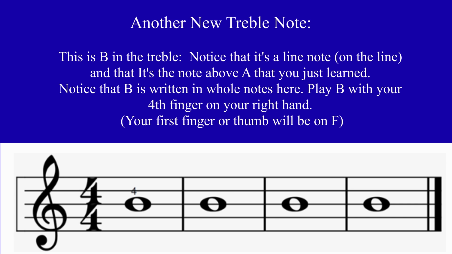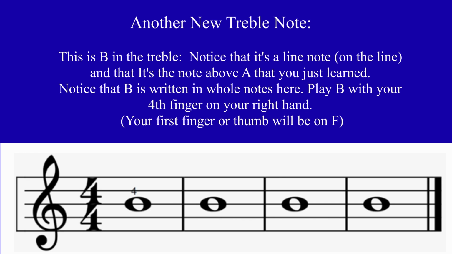Another new treble note. This is B in the treble. Notice that it's a line note, on the line, and that it's the note above A that you just learned. Notice that B is written in whole notes here. Play B with your fourth finger on your right hand.